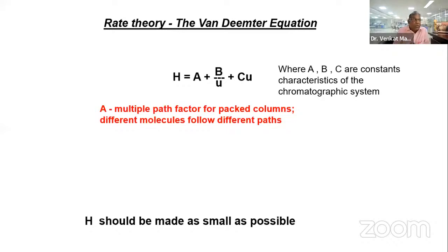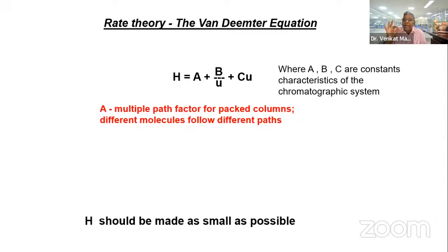I do not go into the details of column packing. This is a huge topic. When the column is packed by particles, then the packing density will change depending upon the size, the length, and inside the surface of the column. Therefore, in the packed column, when your sample solution passes through, it can follow different paths.